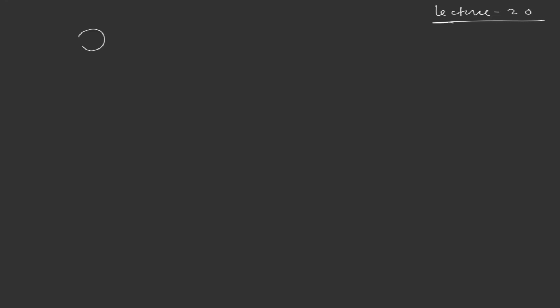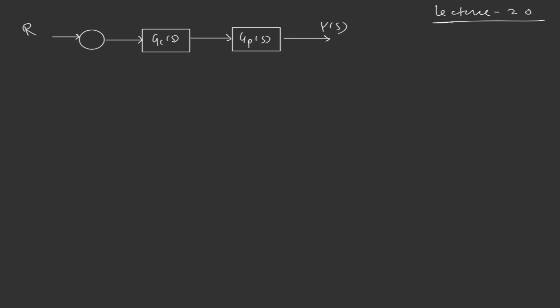So we had a summing point, and we can design the control based on the mission objective, GC of S, and this is our plant, GP of S, the output from the plant, Y of S, and step response, R of S, and this is the feedback loop, unity feedback, minus plus.